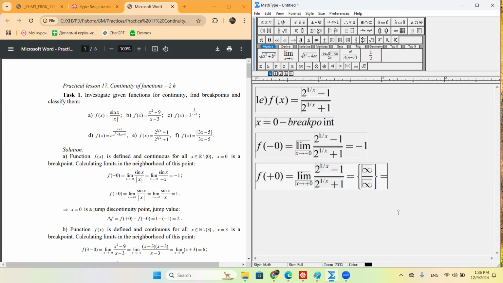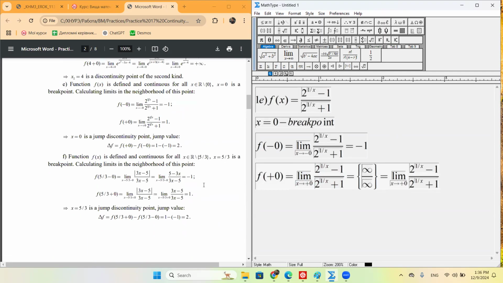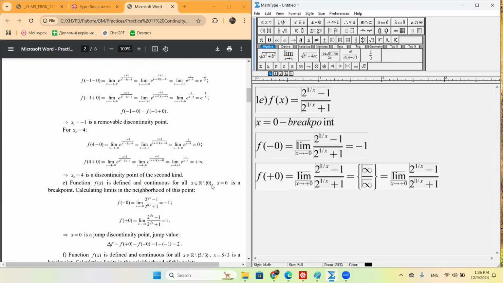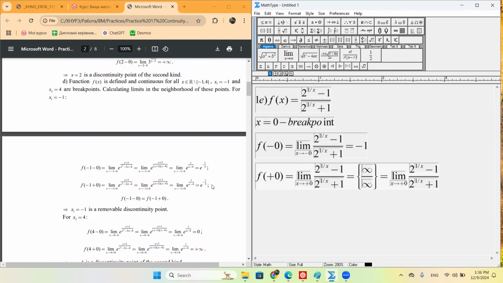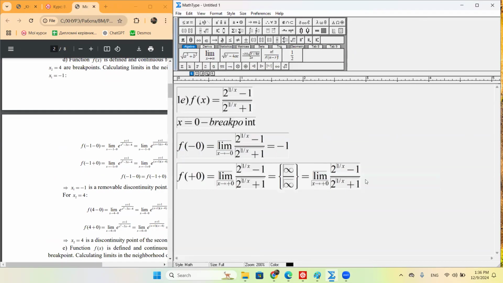Remembering how to do it, basically. Oh, stop, I just skipped it here. The more we practice limits calculation, the more useful it will be for us.